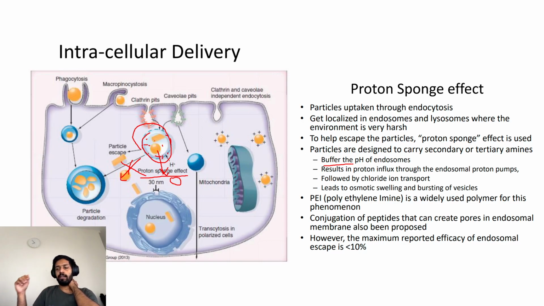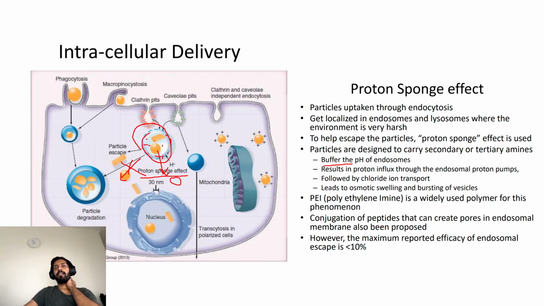So there's a lot of proton influx through endosomal proton pumps, which is followed by chloride ion transport. All of this leads to a lot of water also getting into the endosome. So this will cause the endosomes to swell up, osmotic swelling, and eventually bursting of the vesicles.